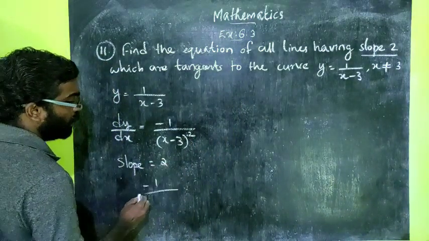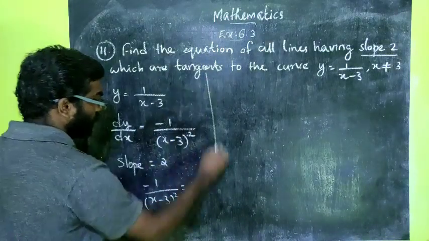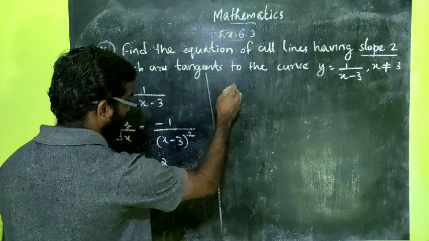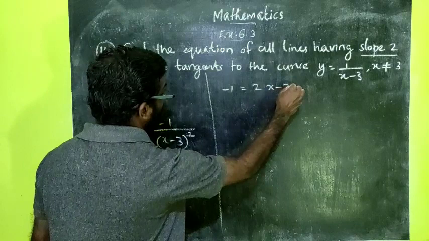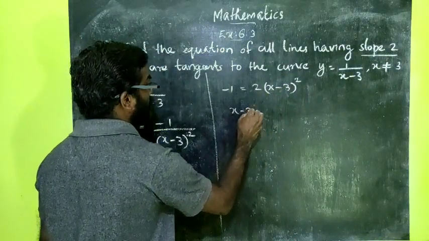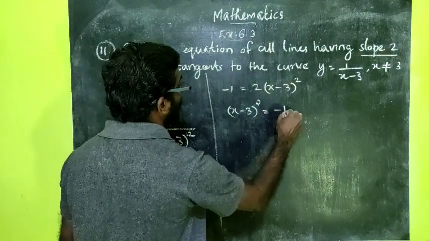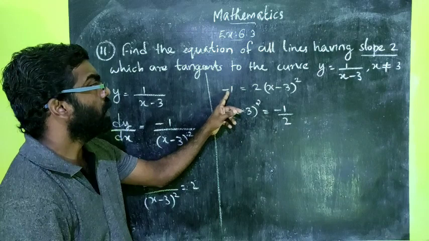That means minus 1 by x minus 3 the whole square is equal to 2. On cross multiplication we get minus 1 is equal to 2 into x minus 3 the whole square, or we can write x minus 3 the whole square is equal to minus 1 by 2.